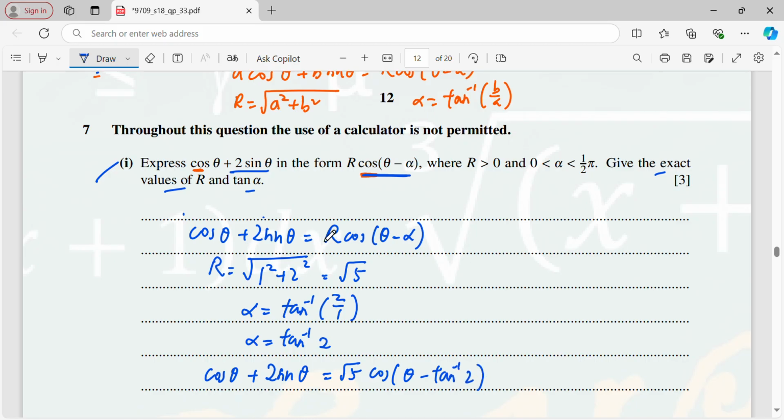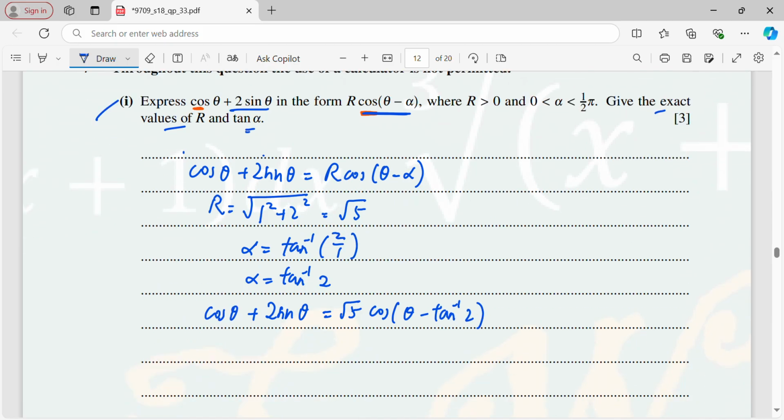And now you need to get your tangent alpha exact value. So since alpha equals arctangent 2 or inverse tangent 2, that means now I can just move this inverse tangent to the left side. That will be tangent alpha is 2. Okay, so done for the first part.